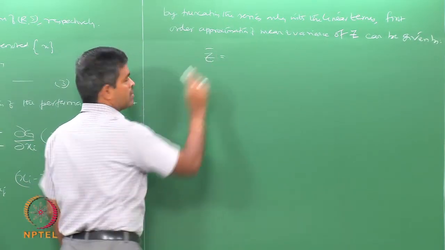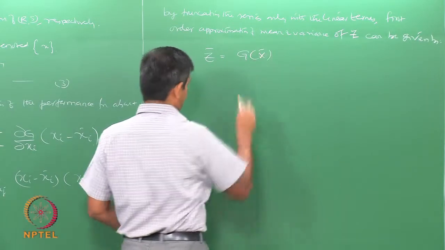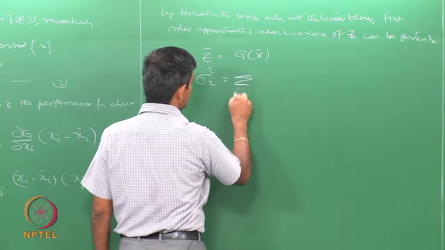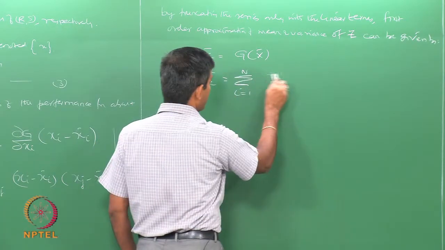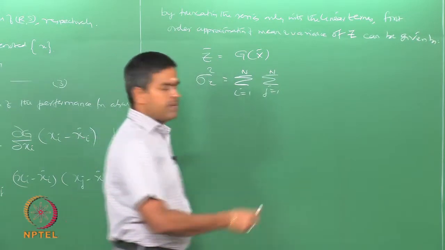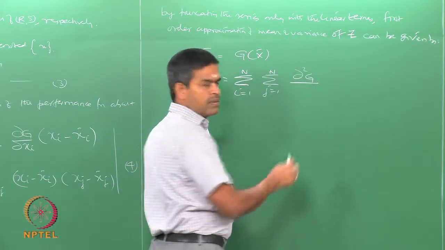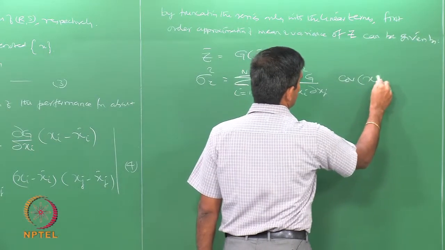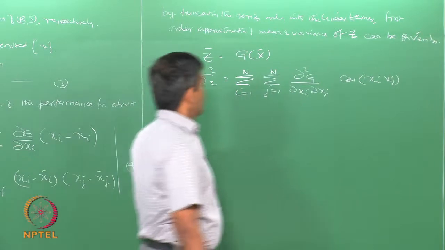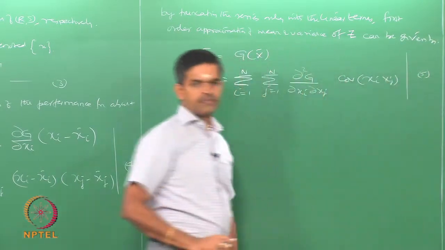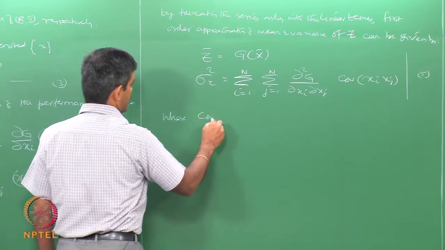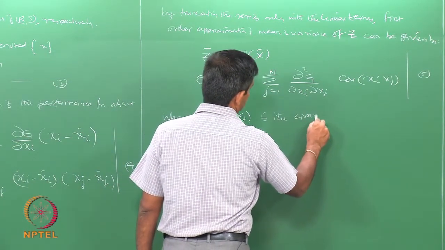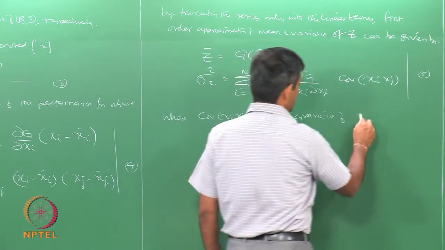So, z bar, that is the mean, is g of x bar, and the variance of the variable is given by equation number 5, where the covariance term is the covariance of xi and xj.